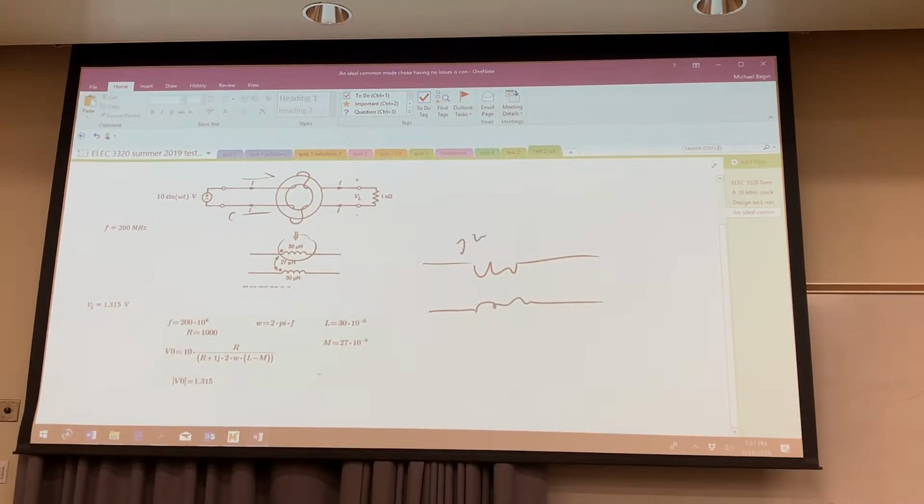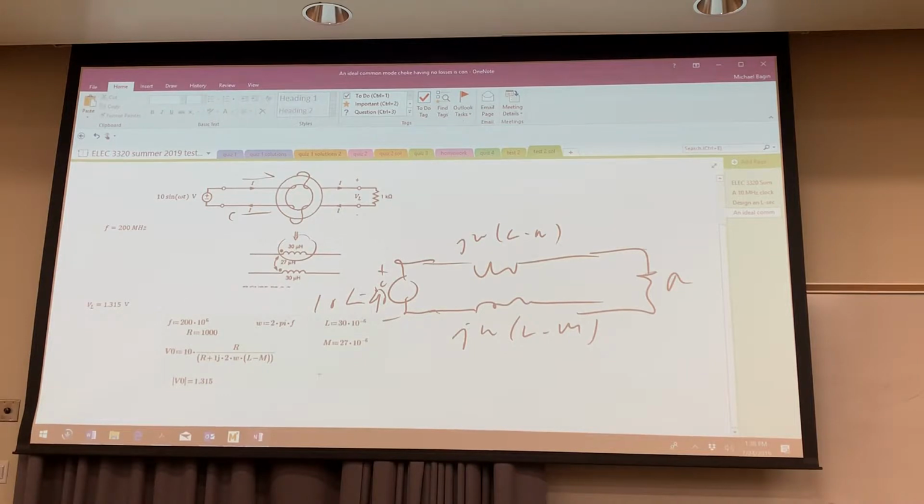This would be j omega (L minus M), j omega (L minus M), and then the load, R. I only wanted magnitude, so I didn't care about the phase angle, but this is a sine, and if I want to put it in phasor domain, this would be equal to 10 at an angle of minus 90, but it doesn't matter what degrees it is in this case. I just wanted magnitude on this one.